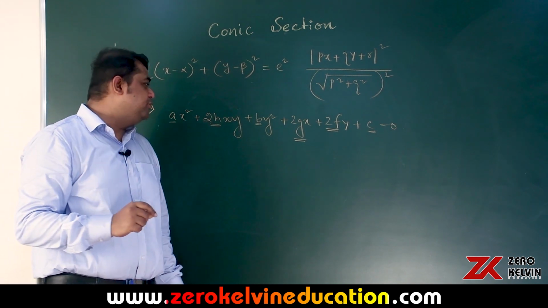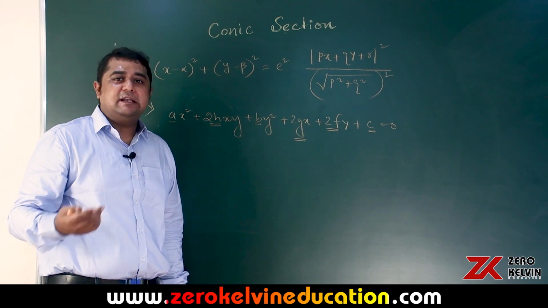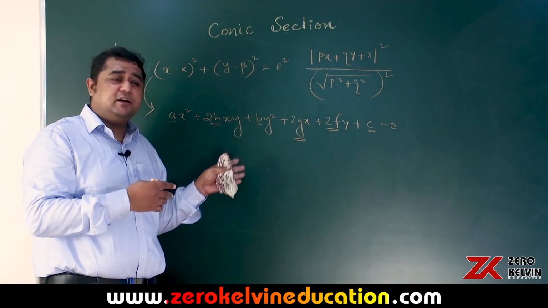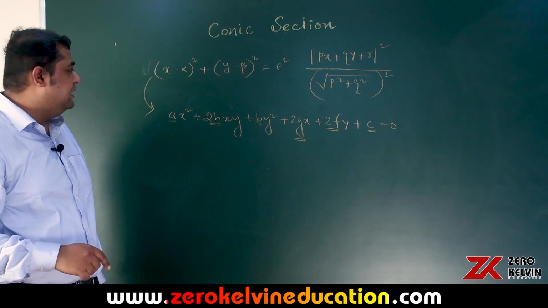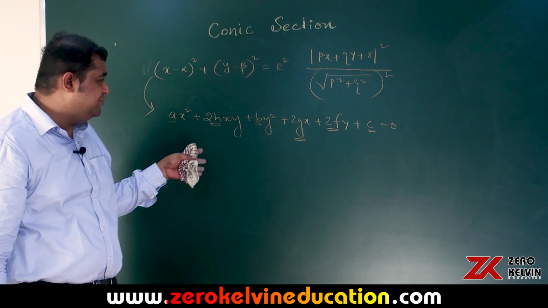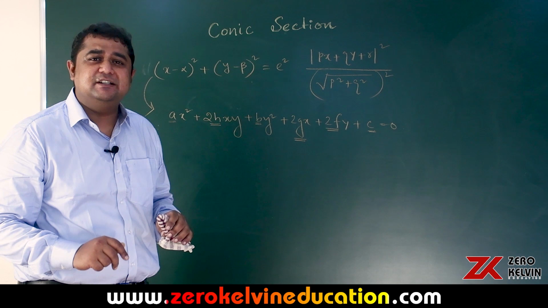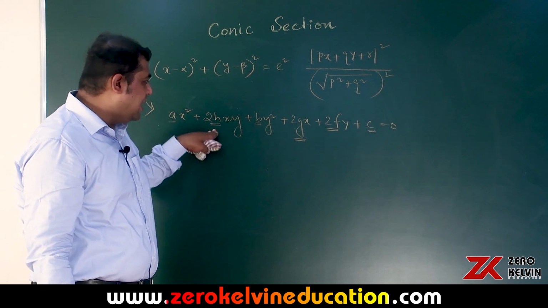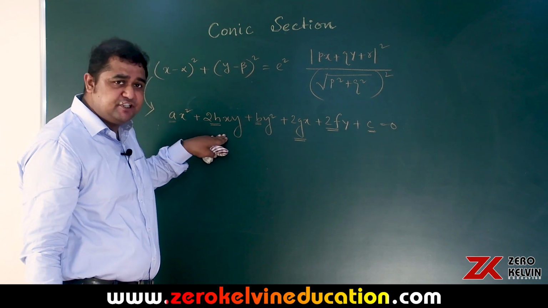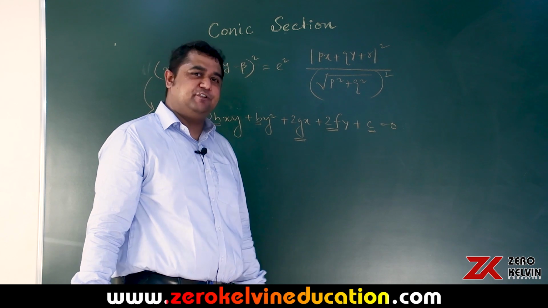We have kept them 2h, 2g and 2f so that in the further derivation we can get things in terms of h, g and f. If we had started with exactly h, g and f, further derivation would have been found in terms of h by 2, g by 2 and f by 2. So, to avoid those complications, we have initially marked them in the standard form respectively as 2h coefficient of xy, 2g coefficient of x and 2f coefficient of y.